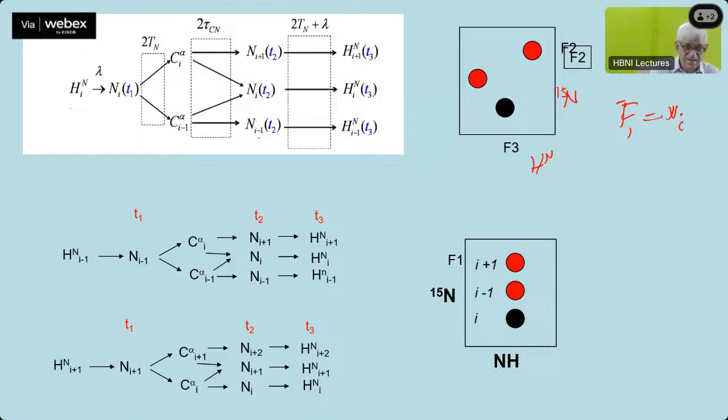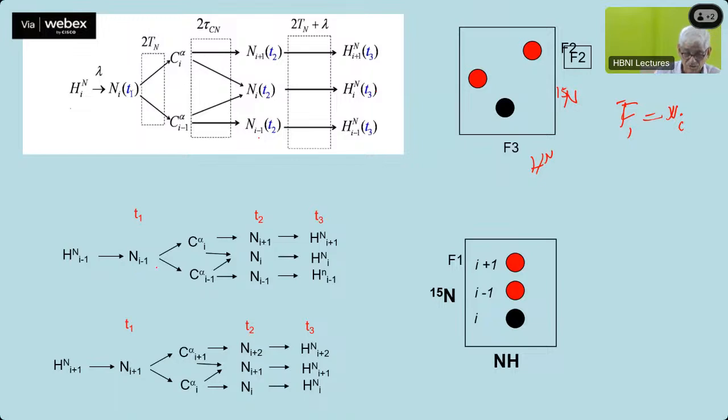Now supposing I write this, it's starting from HNI. What I do, I write it starting from two other residues, HN(I minus 1), and then of course HN(I plus 1). Let's look at HN(I minus 1). Instead of starting from HNI, I start from HN(I minus 1), let's say. Then what do I do? I go to N(I minus 1), label this as T1.